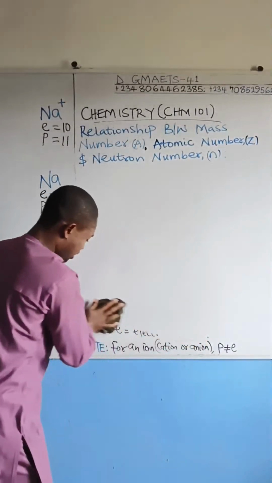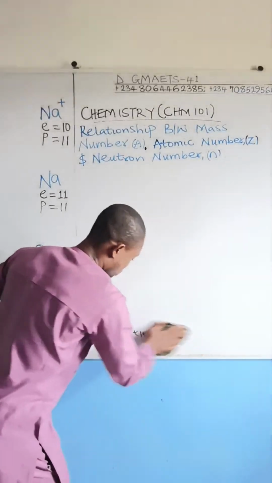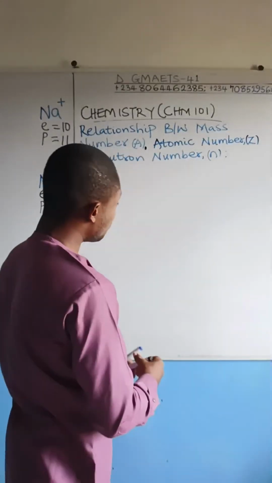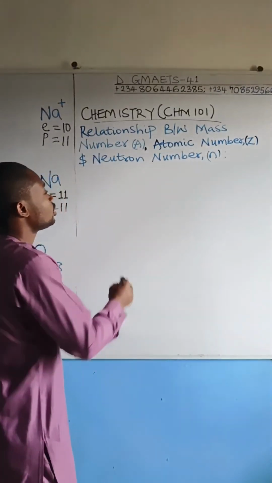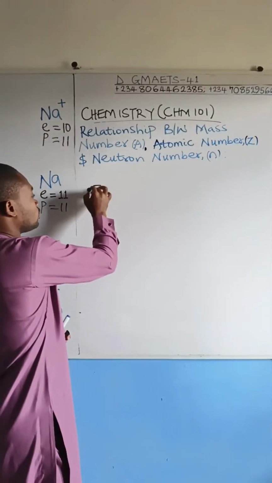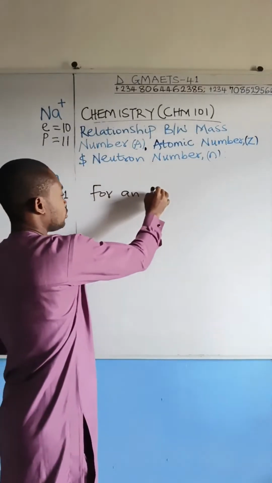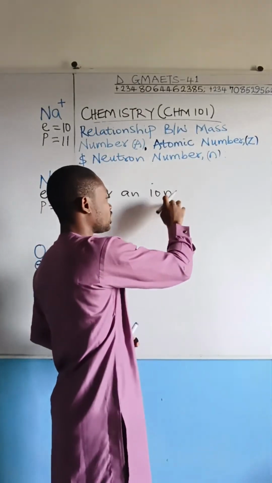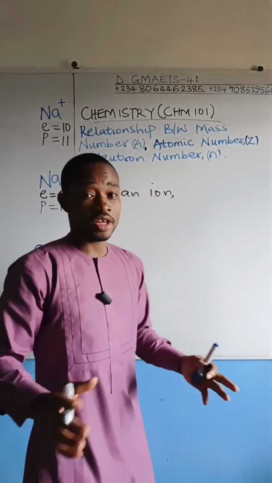Let's look at the last relationship you are expected to know. If you are dealing with an ion, we want to find out how you get the number of electrons for an ion.